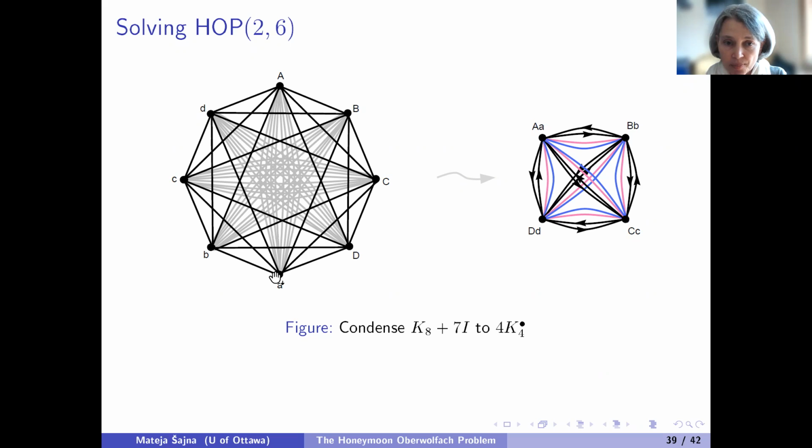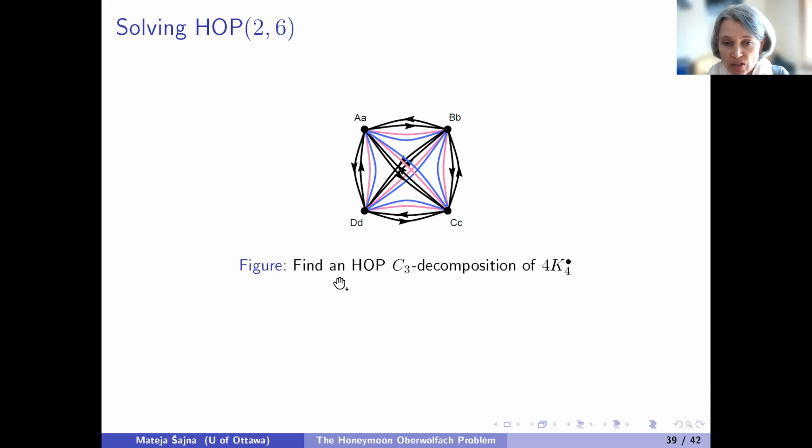So the path, or K2, if you wish, or the table for 2, will shrink into a single vertex. And then what we'll have left is a cycle of length 3 coming from the table for 6, okay? So that means that what we need to do is find an HOP C3 decomposition of this 4-fold complete graph of order 4, in this case.